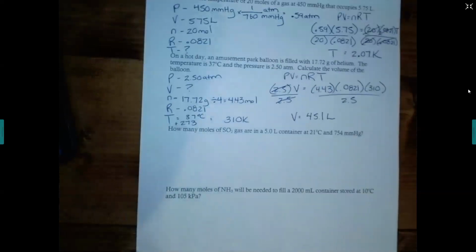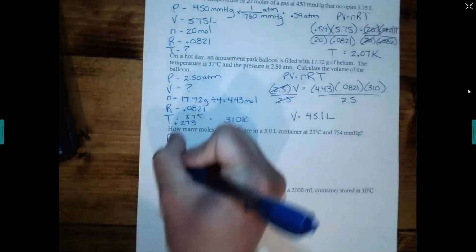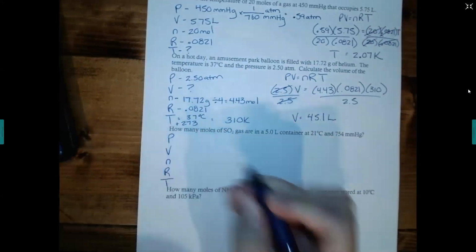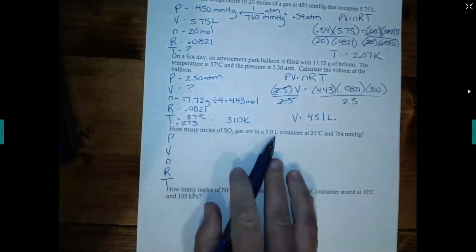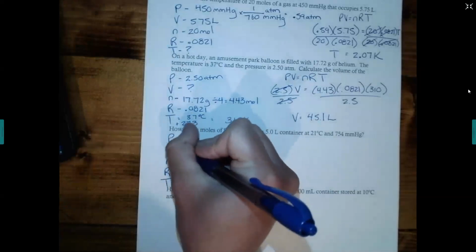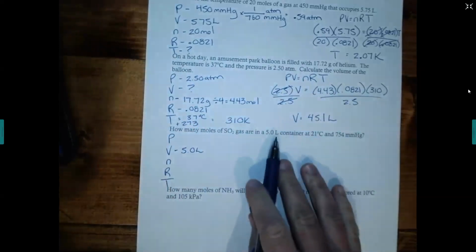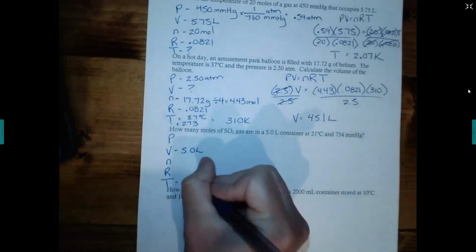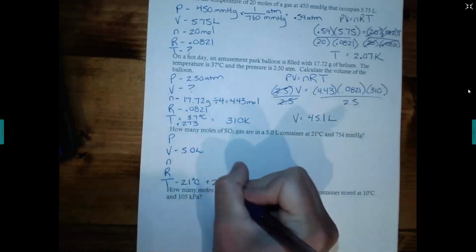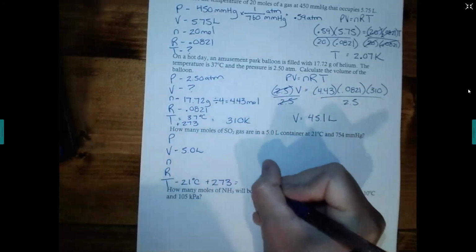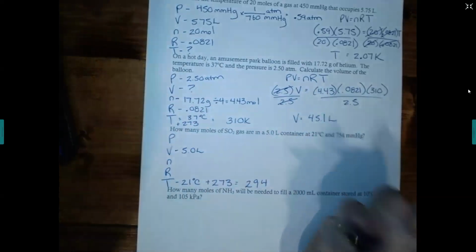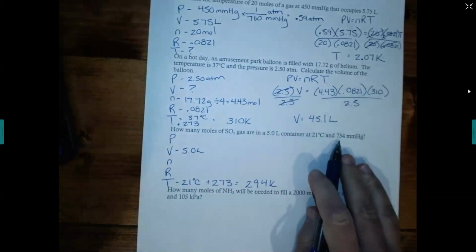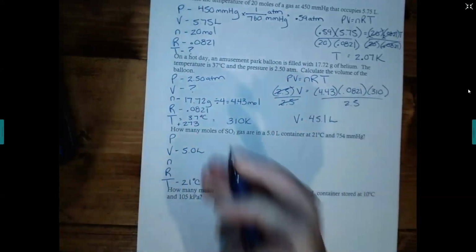On to the next problem. How many moles of SO2 gas are in 5 liters? There's your volume. A 5-liter container at 21 degrees Celsius. So convert that into Kelvin. 754 millimeters of mercury.